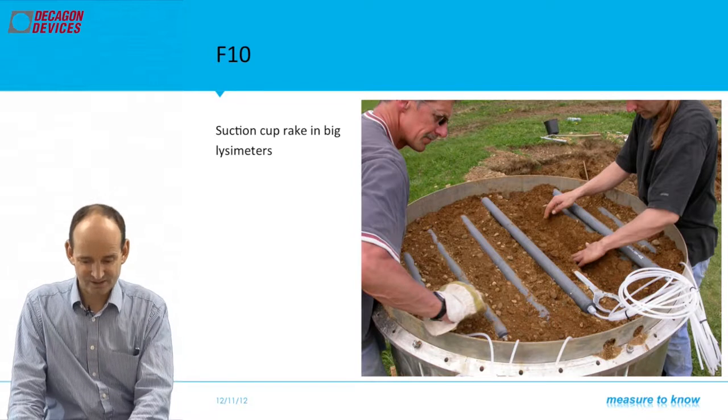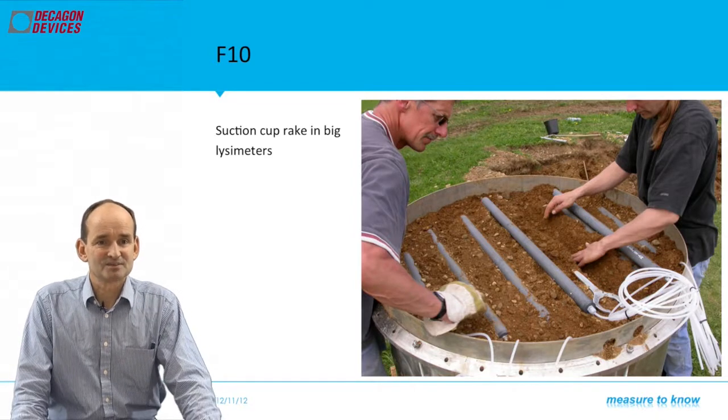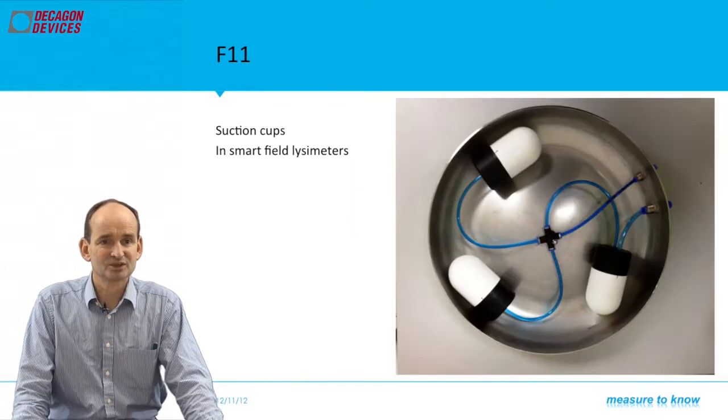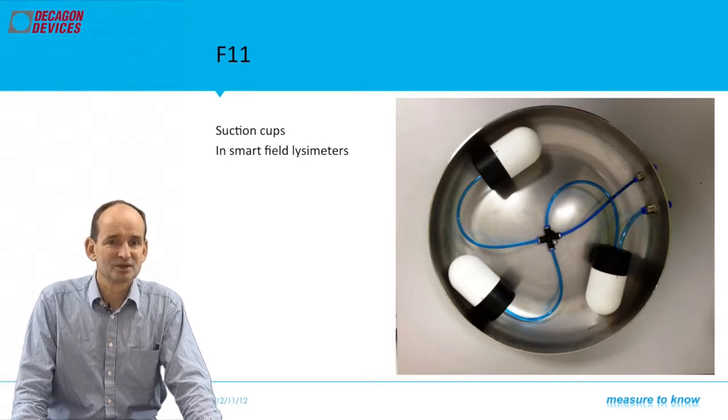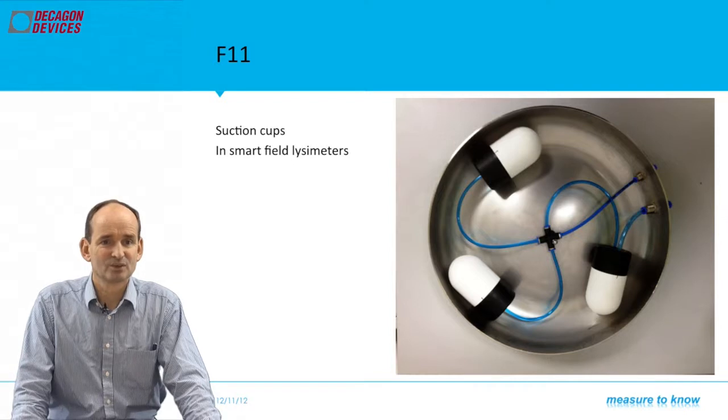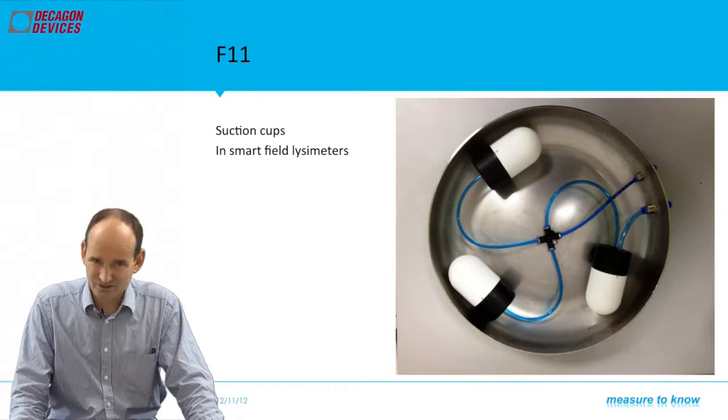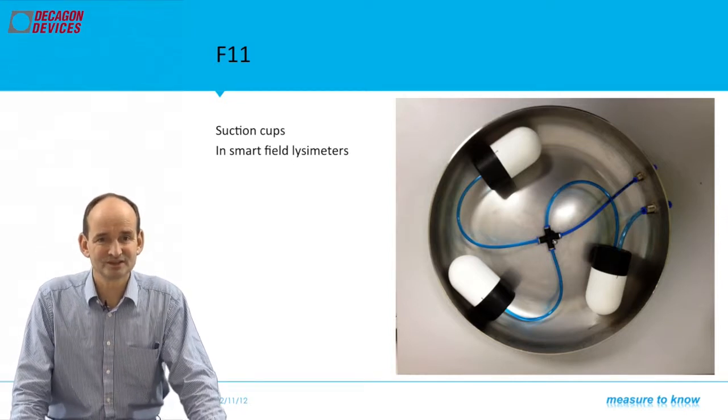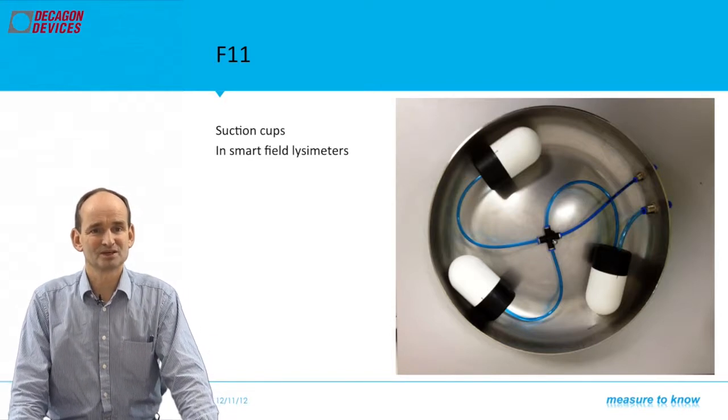Compared to big lysimeters, the suction cups at the Smart Field Lysimeters are situated in a bottom pan. The hydraulic contact to the soil is reached with a silica flour with high hydraulic conductivity in the range of 0 to -1 bar.